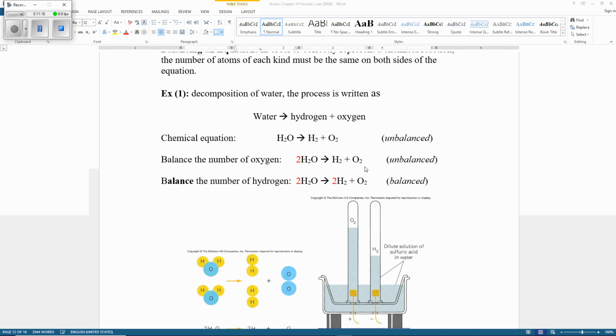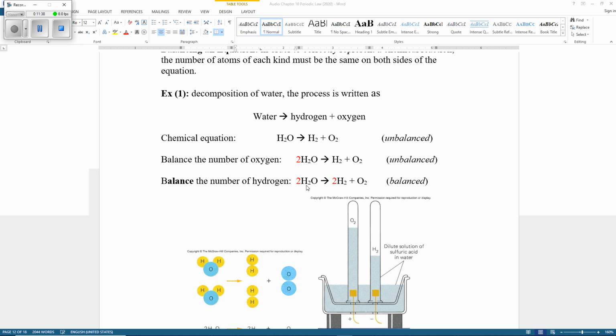So now oxygen is okay. You have two before and two after. But hydrogen now you have four hydrogen atoms, only two after. So we need to go one more step. So now we times two again. Now it's balanced.